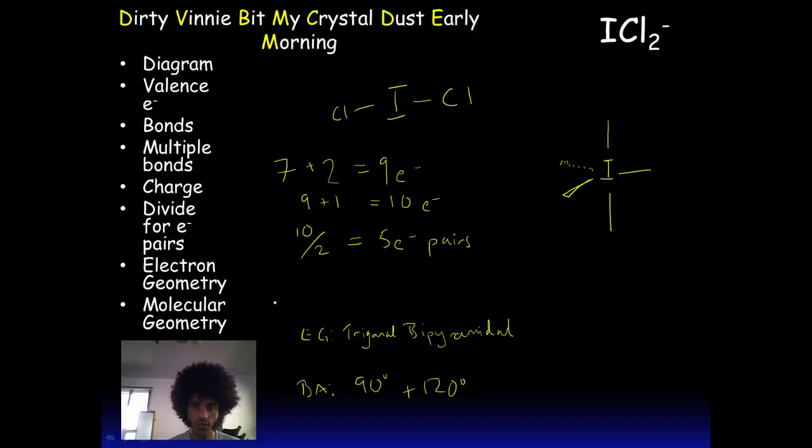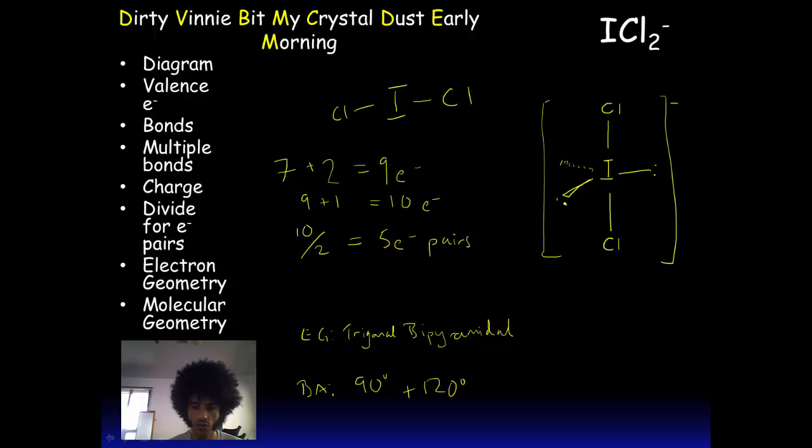Now let's have a look at the number of atoms I've actually got bonded to my iodine. I've only got 2 chlorines. Now I need to decide where to put them. I'm going to put one here, and I'll put one here, and whilst we're at it, let's just put the brackets in and the charge. Now that leaves me with 3 electron domains which aren't occupied, so they have to be lone pairs.